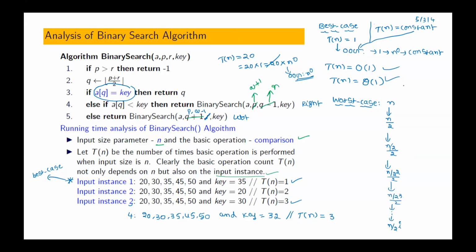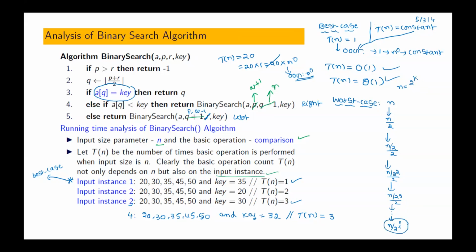If I assume that n is of the form 2 power k, when does this value become 1?